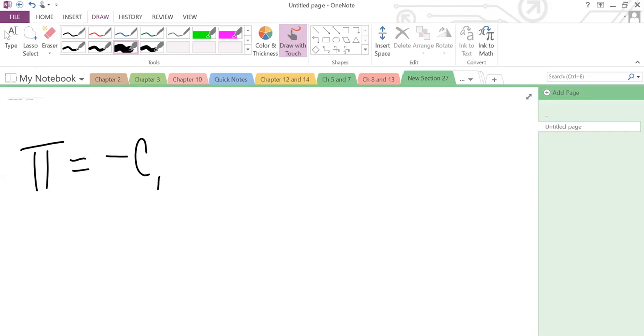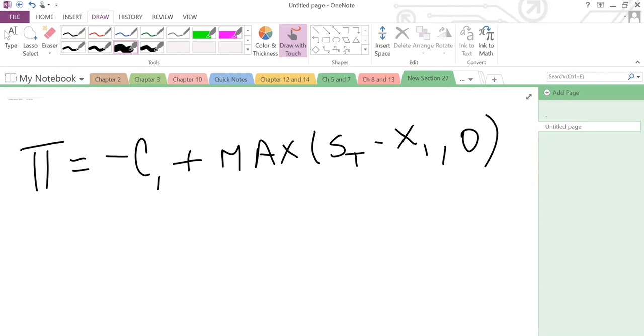But because you have bought this low strike call option, now you're happy if it gets in the money, because if it gets in the money, you will have some value, which is the intrinsic value, which you can calculate as the max of the stock price minus the strike, and this strike is X1, or 0. That max of this or 0 simply means that the intrinsic value will never be negative, because if it is negative, it's simply telling you the option is out of the money and you would not exercise it.